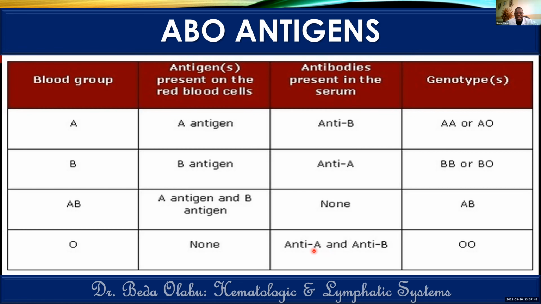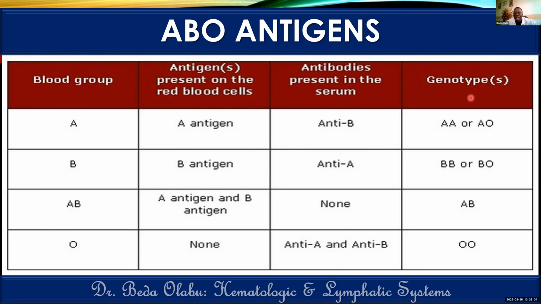So they have antibodies against the A antigen and antibodies against the B antigen. Remember, the antibodies are found within the serum or plasma, while the antigens are found within the cell membrane of the red blood cells.